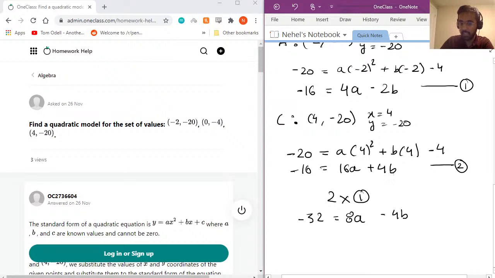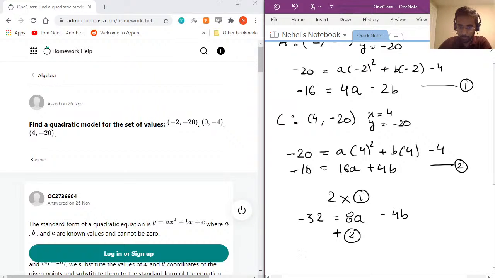Now if I add equation 2 to this, what would I get? I'm adding equation 2. So the way you add an equation to another equation is the left hand side gets added to the left hand side and the right hand side gets added to the right hand side.